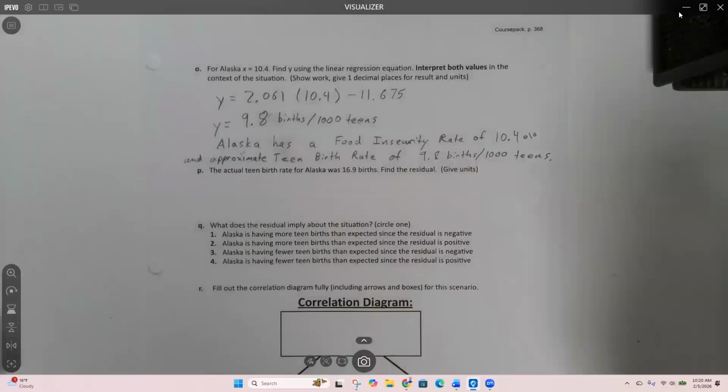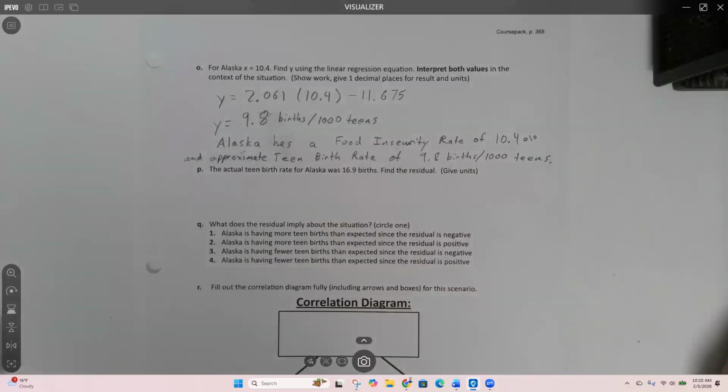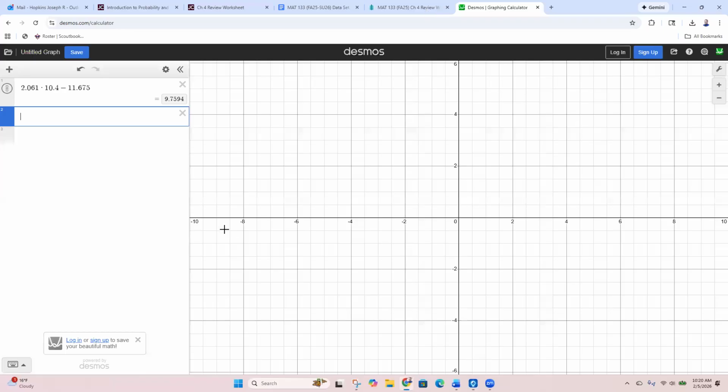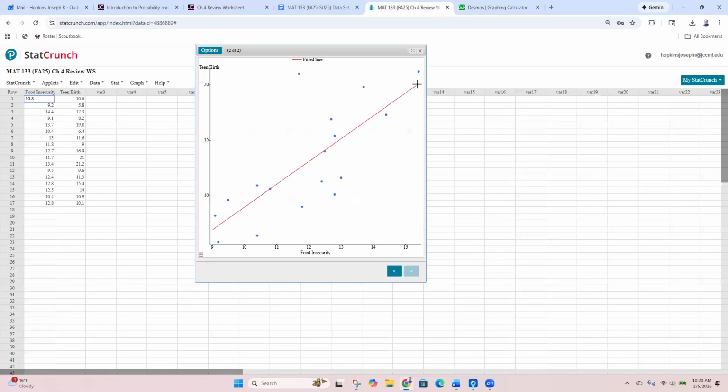What the line does, what the linear regression does, is it estimates where you expect your data to land. Okay, so this dot right here is right on the line. Most of these dots are not on the line. Most of these dots are just a little bit off. This one's way off. The distance, how far off they are from the line, is called the residual.